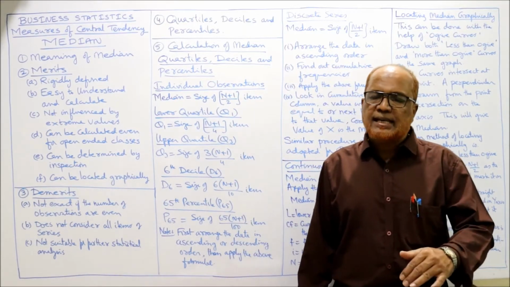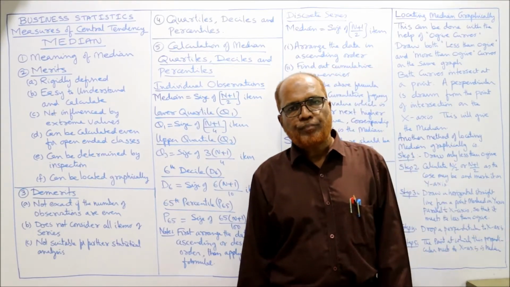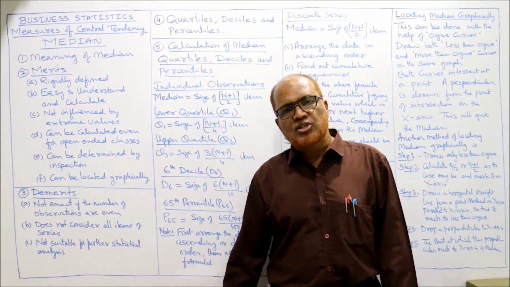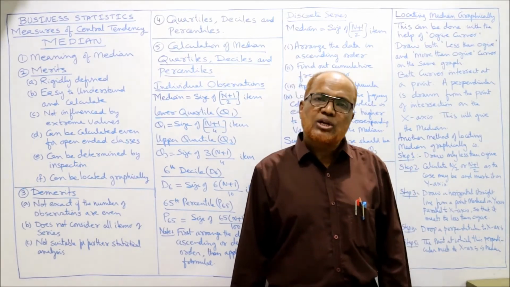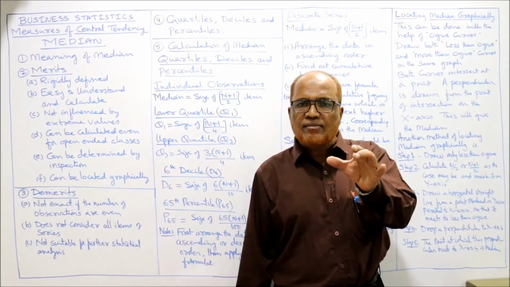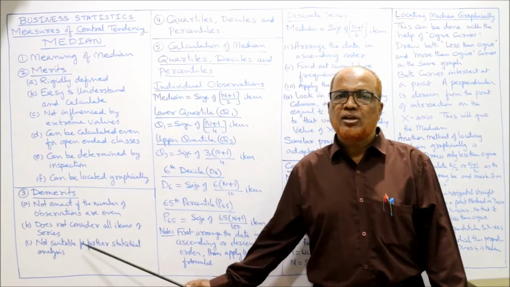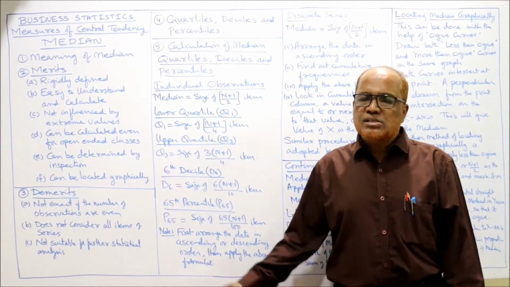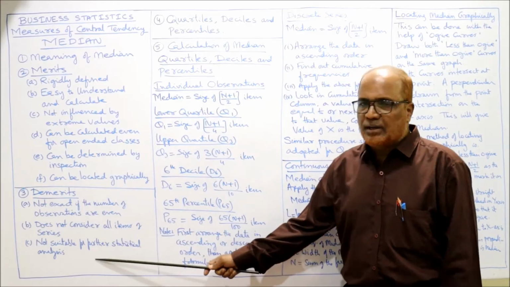There are many techniques of statistical analysis, like calculating dispersion, standard deviation, mean deviation, quartile deviation, or then skewness, kurtosis, correlation, regression. In all of these further statistical analyses, arithmetic mean is used, median is not used. So this median cannot be used for further statistical analysis. So these are some of the demerits.